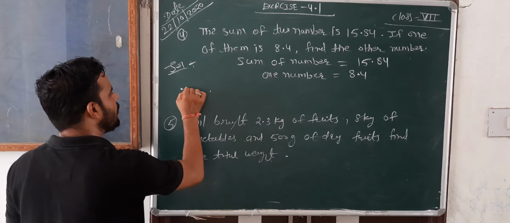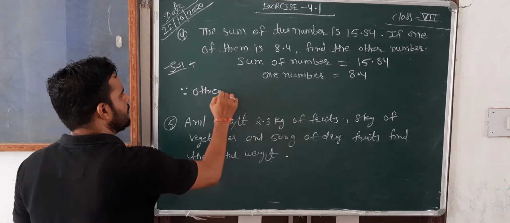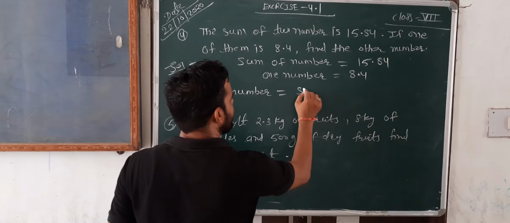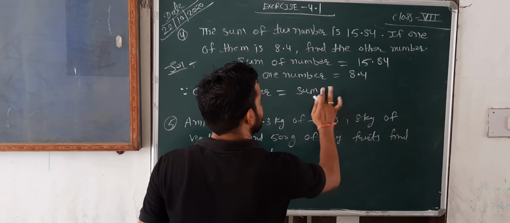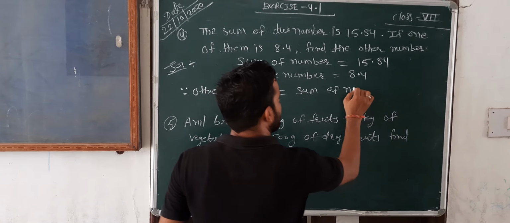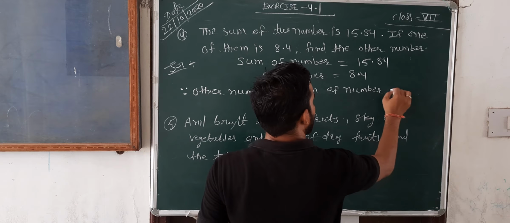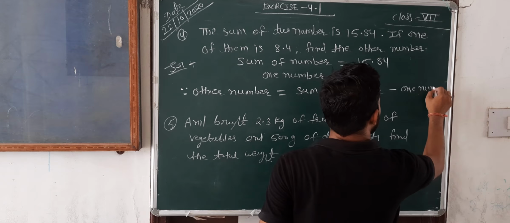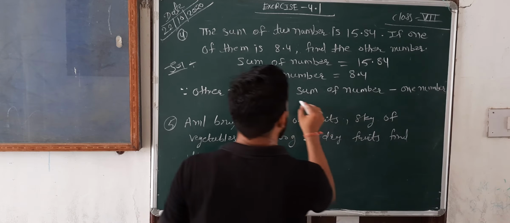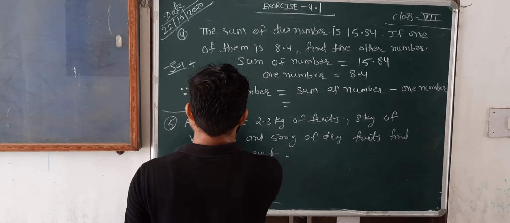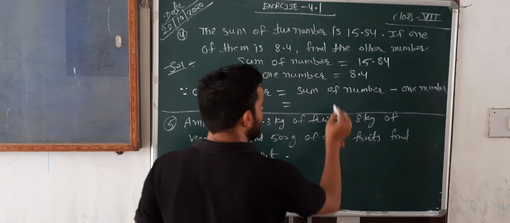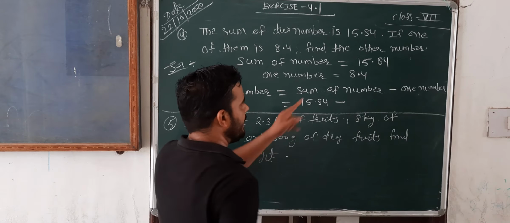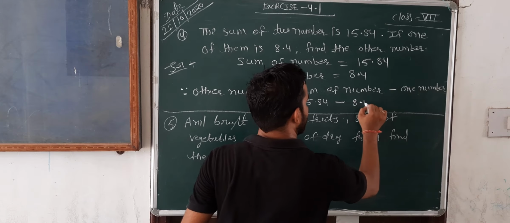So directly you know the formula. Other number is equal to sum of numbers minus the one number. Afterwards see the result. The sum of the numbers is 15.84 minus 8.4.